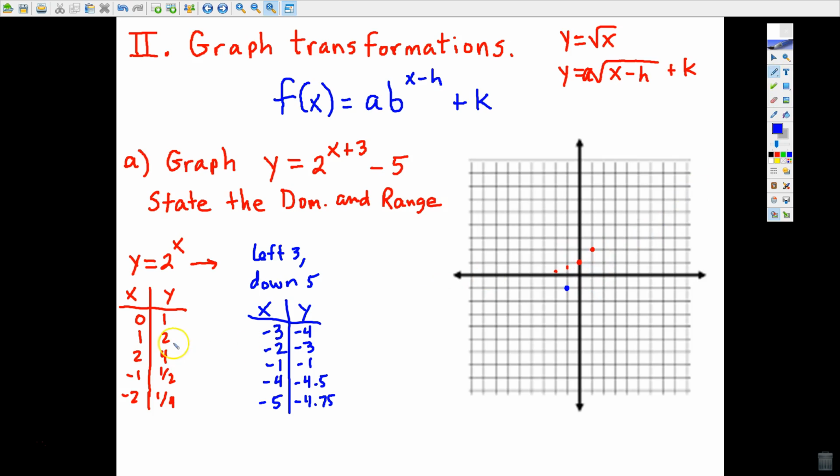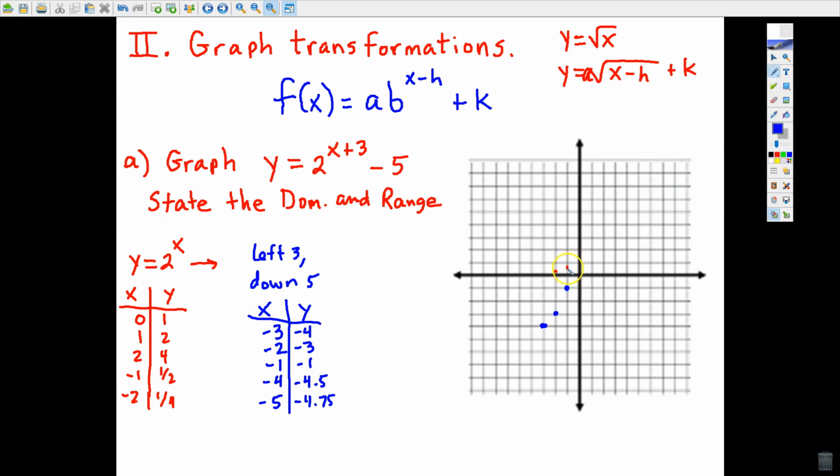Okay, so here's 1, 2 from the parent, and then let's go left 3 and down 5. I went left 3, down 5. All right, done with that one. Let's take the next one. Here's 0, 1. So I'm going to go left 3, down 5. All right, that's done.